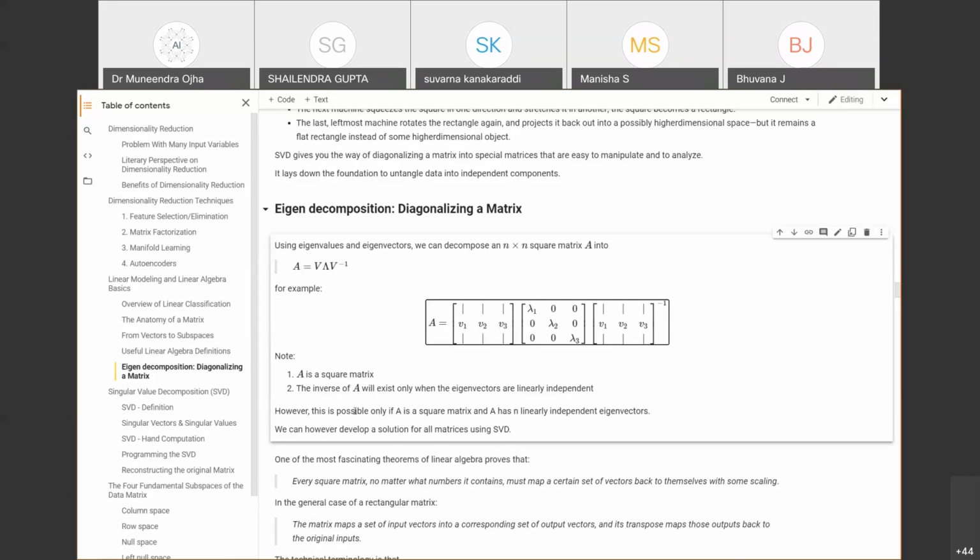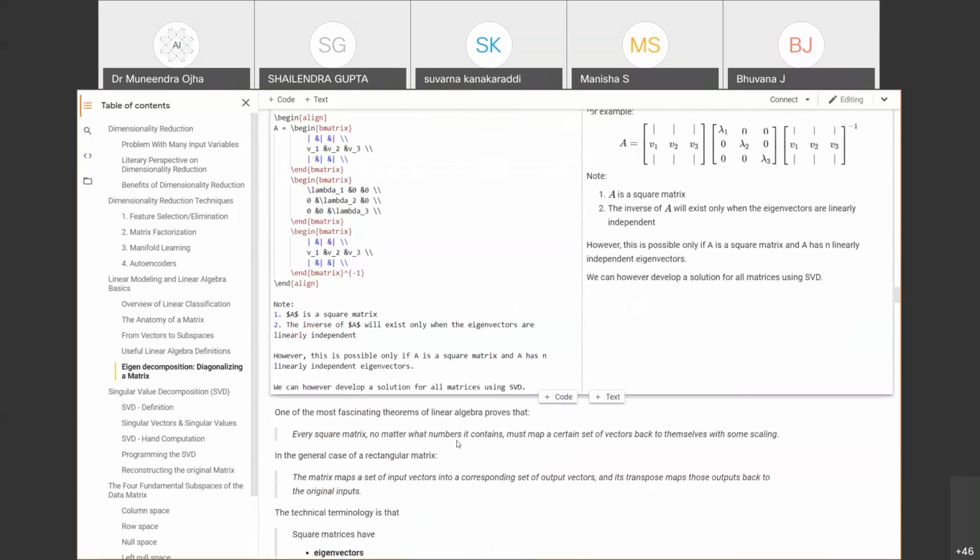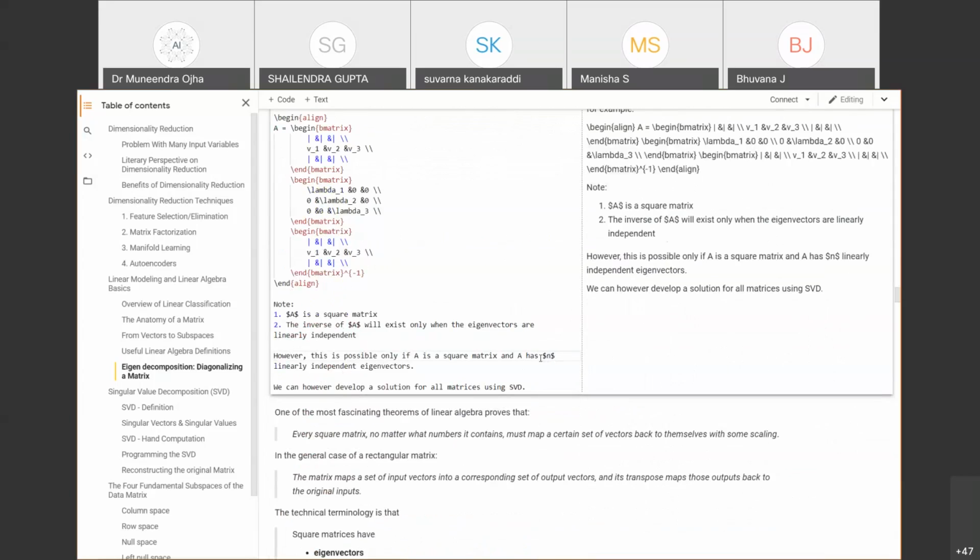However, this is possible only if A is a square matrix and A has n linearly independent eigenvectors. When we say n linearly independent eigenvectors, remember this n comes from the dimension of the square matrix.